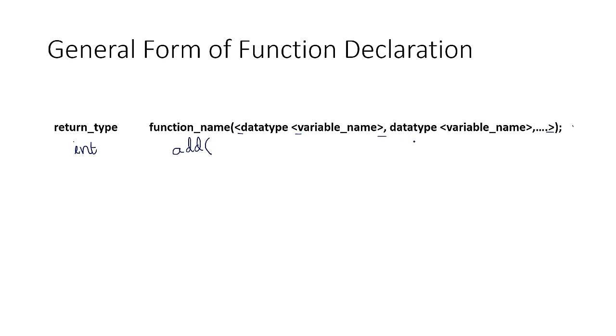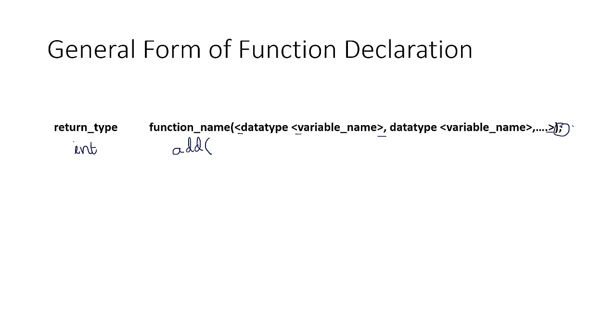One thing you shouldn't forget is that a function declaration should end with a semicolon. As a function declaration is a simple statement, and we know in C each and every simple statement ends with a semicolon, so the function declaration should end with a semicolon.